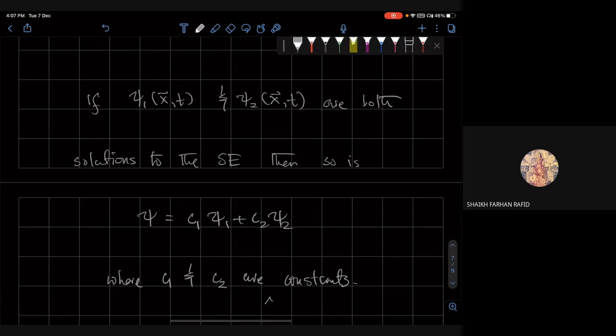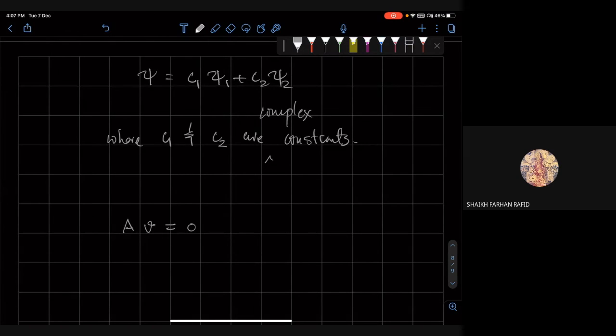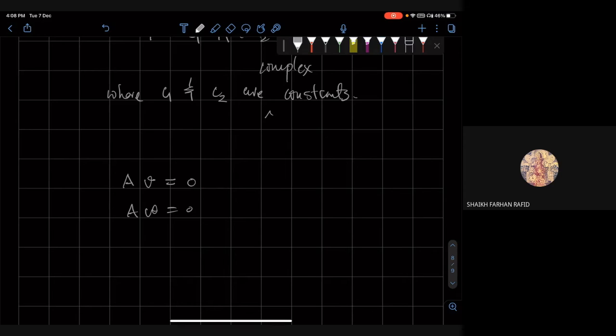They are, I should say, complex constants. Okay, it's a very simple argument. If you have a matrix A and A acting on V gives you 0, and A acting on W gives you 0, then if you take the linear combination C1 V plus C2 W, acting on A, this will also be 0. It's as simple as that.